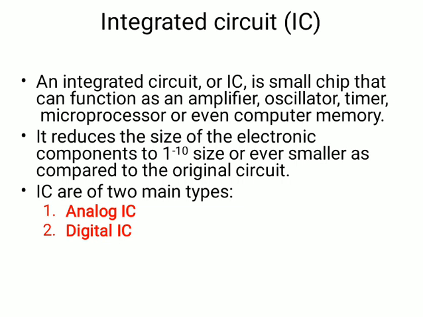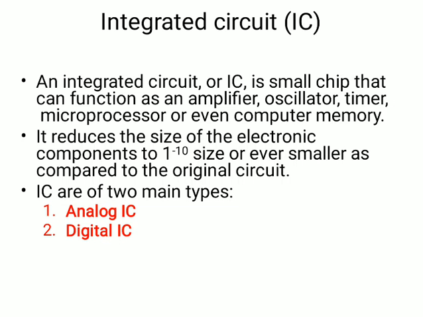If you are making an electronic device, it is very difficult to implement such circuits in it. So for that purpose, we compress, we shrink that circuit. That type of compressed circuit is known as an integrated circuit. Integrate means we are accumulating all the components in a single chip.